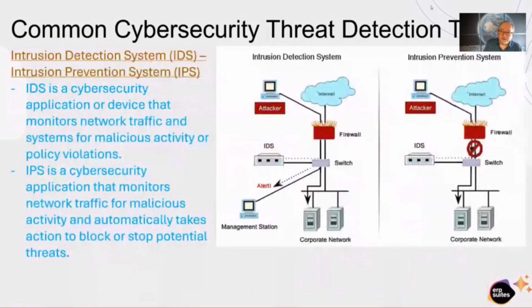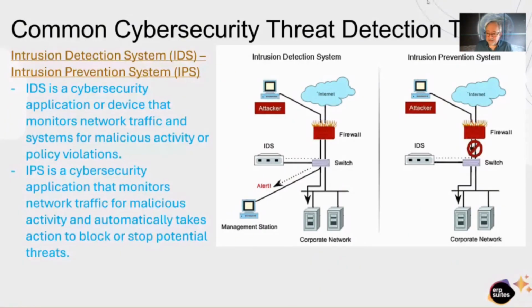Another tool that may be in our toolbox, depending on where we're at, is an intrusion detection system and/or intrusion prevention system. The reason I'm mentioning these, again, is that we want to show why AI is worth our time in this arena. As it stands right now, a detection system is a network form, if you will, of our antivirus. It is looking for malicious activity and policy violations, and it's going to react to those things.